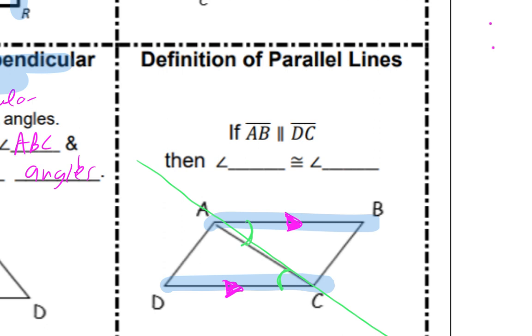So that means this angle BAC is congruent with this angle ACD. And that's the definition of parallel lines cut by a transversal. So let's keep this information in mind as we practice on our next page. Those are the reasons that we're going to use for this upcoming part.